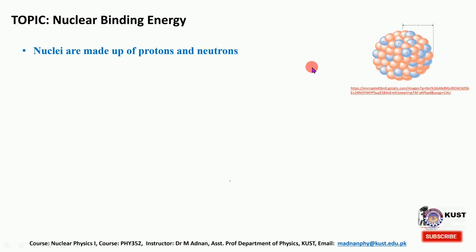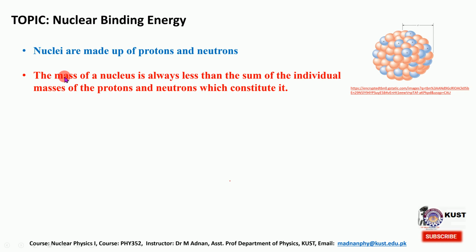Now, to understand the binding energy, or the energy at which these nucleons are bound to each other, we need to start with the fact that the mass of a nucleus is always less than the sum of the individual masses of the protons and neutrons which constitute that nucleus.